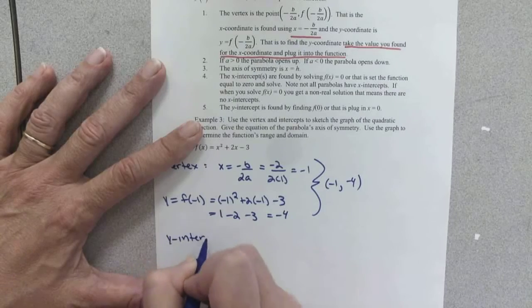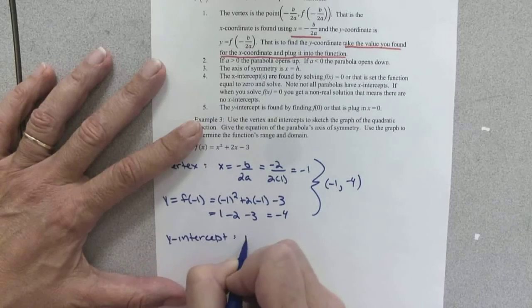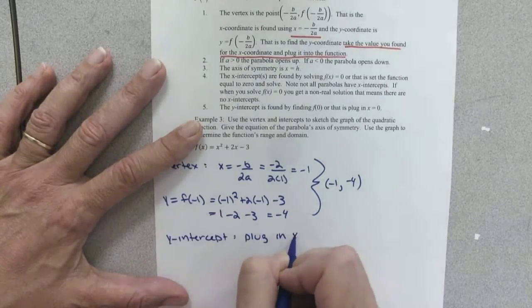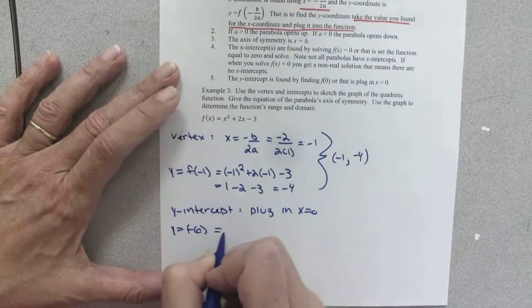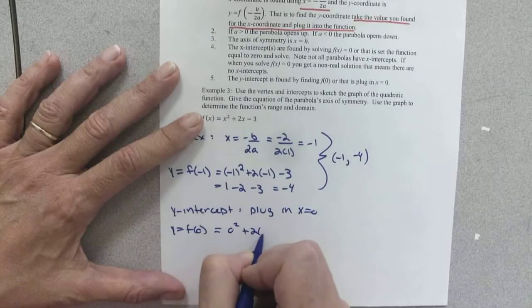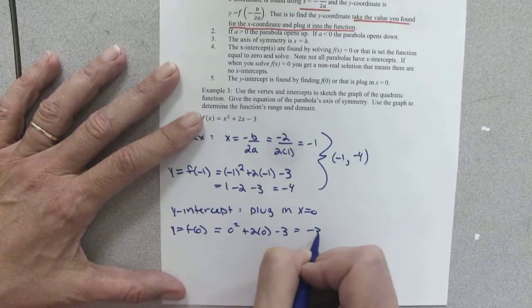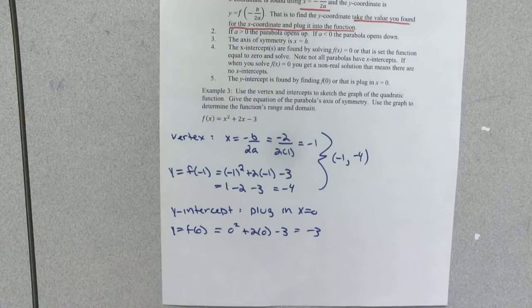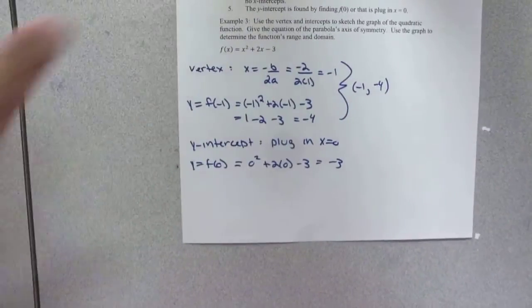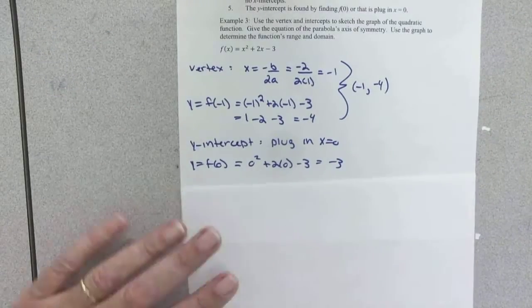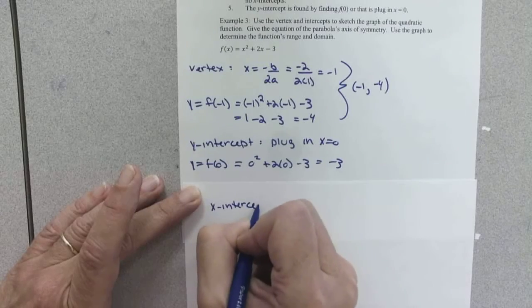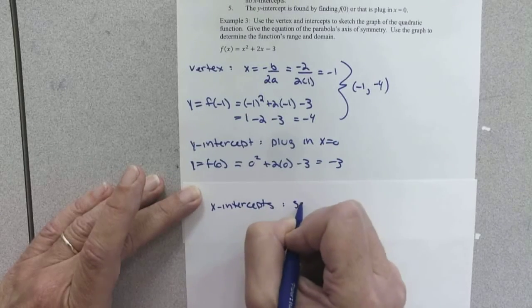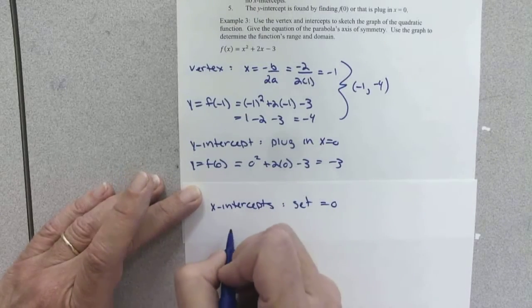Y-intercept, and like I said, everything else is exactly the same. Plug in x equals 0. So y equals f of 0, 0 squared plus 2 times 0 minus 3, for negative 3. I'm just going to go ahead and go on another piece of paper because I'm running out of room already. X-intercepts always set equal to 0.